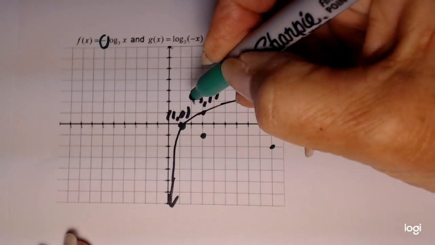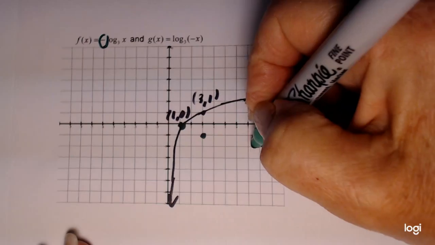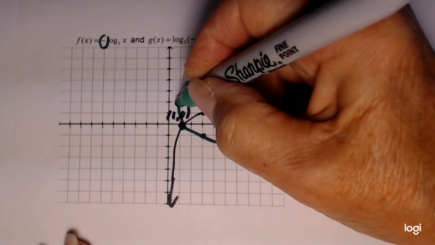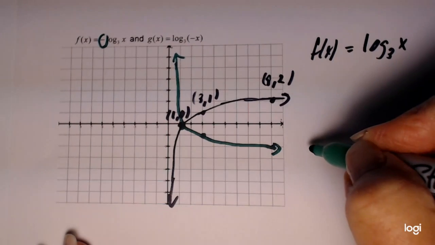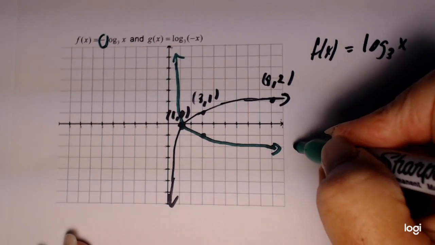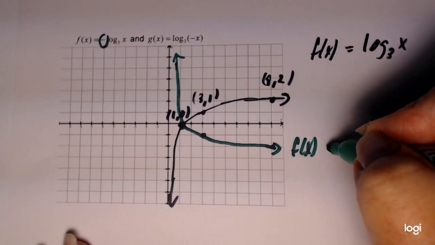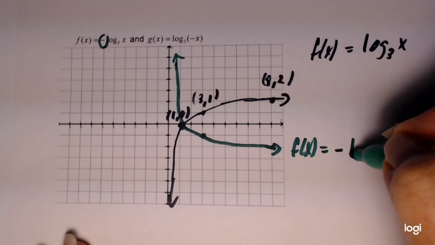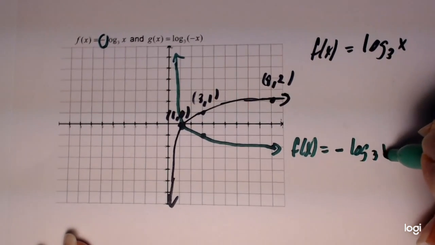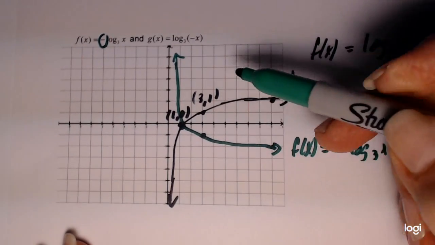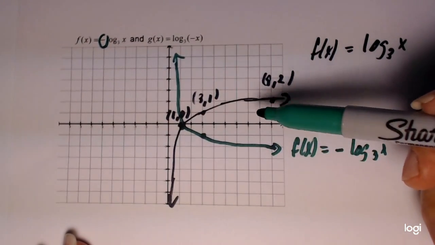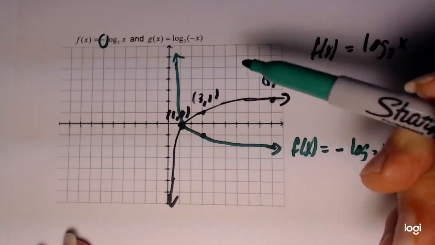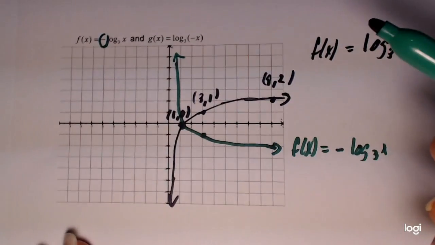And when we connect the dots, our graph of the function looks something like this. So f of x is equal to negative log base 3 of x. You can see that we have flipped this, we have rotated this over the x-axis. We went like this and we flipped it over the x-axis.